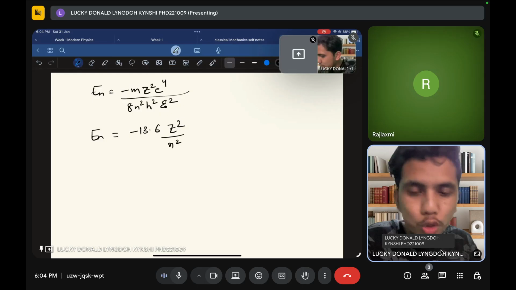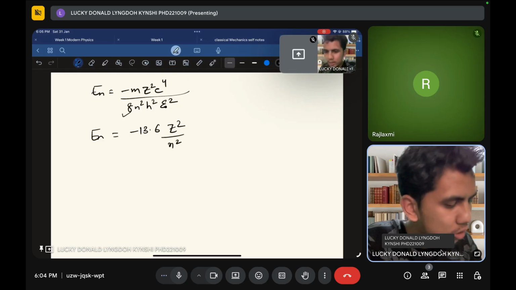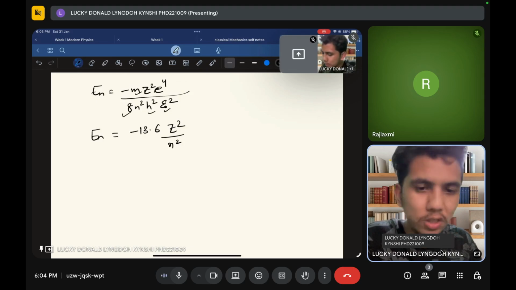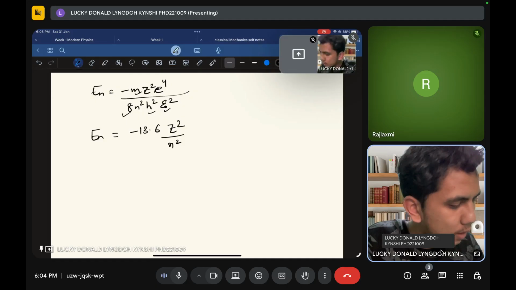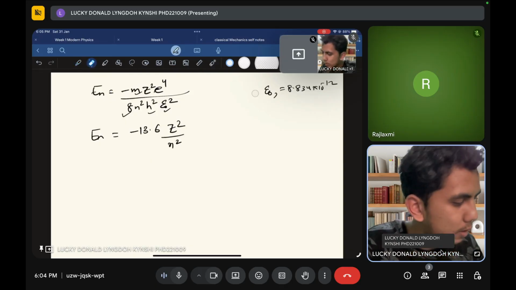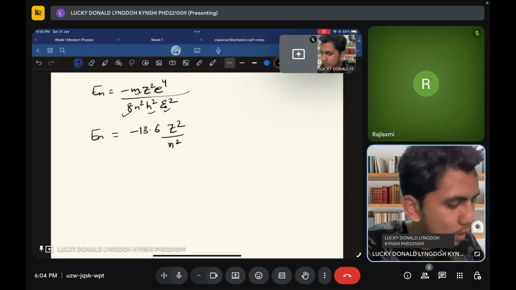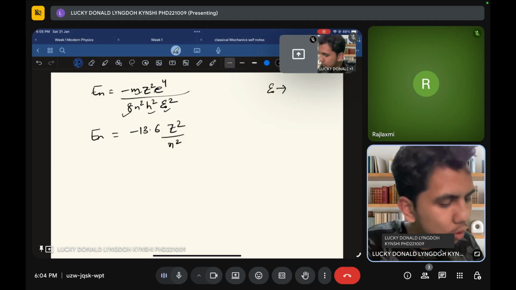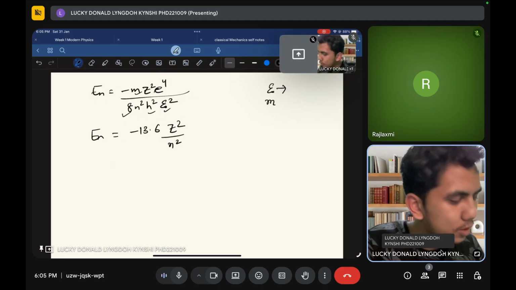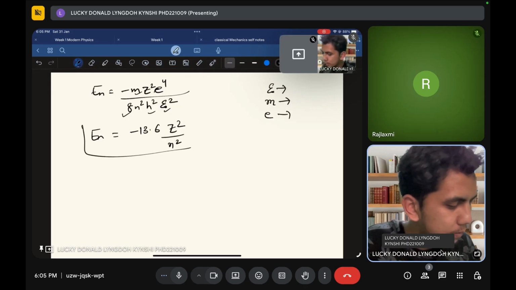That means you substitute the values of h, epsilon naught, m, the mass of the electron, and the charge. What is epsilon naught? I think it is 8.854 into 10 to the power minus 12, if I'm not wrong. Let me check, then I will get back to you. So you substitute the value of epsilon naught, the mass of the electron, and the charge e, then you can get this energy.